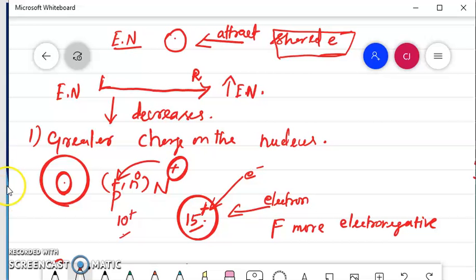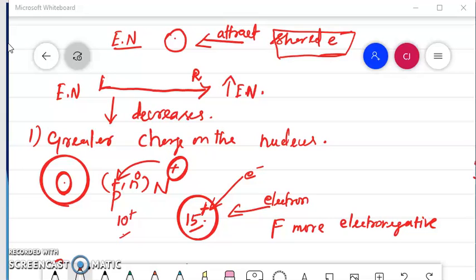What is meant by electronegativity? We have studied it in the 11th and 12th standard, right? Electronegativity is a measure of an atom's ability to attract the shared electron to itself. Consider this is the atom here.